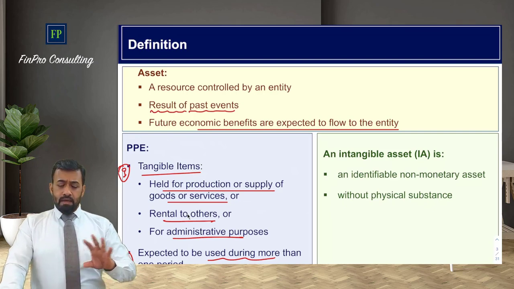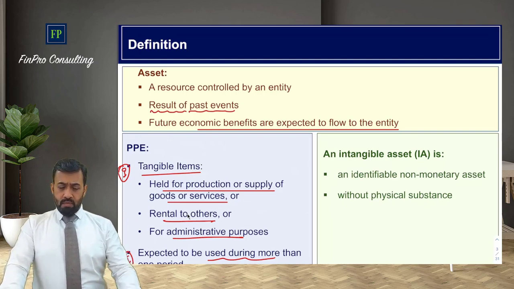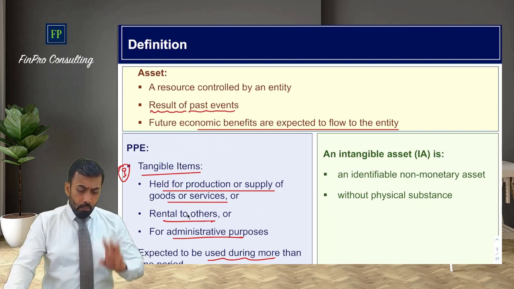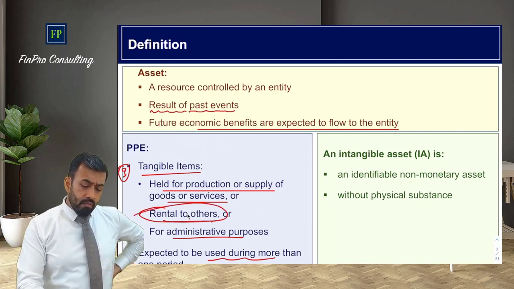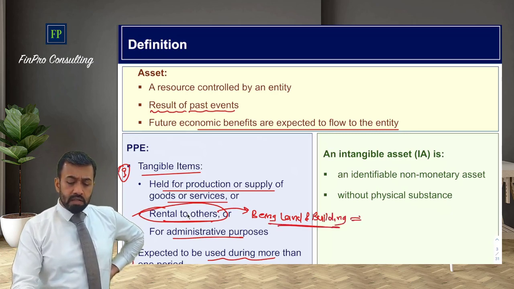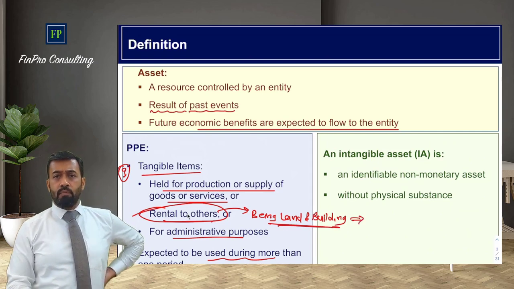So you have to remember this. One point which is important here: tangible items being land and building which are held for rental purposes are considered as investment property.